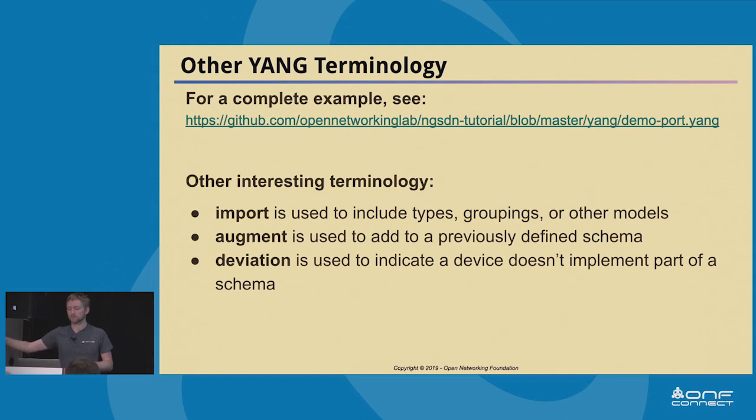We can include types, groupings, or other models in other modules. We can also augment a previously defined schema with additional attributes using an augment statement. And if a device doesn't support a particular part of a YANG schema, it can define a deviation. Augmentation is how a vendor can add to a common model, and a deviation is how a vendor could say, I don't adhere to this common model in the way that you expect.